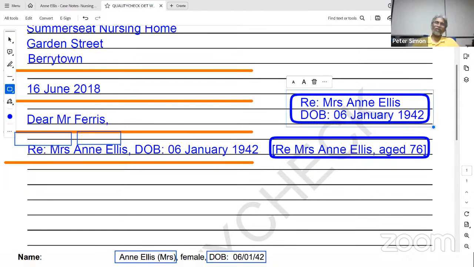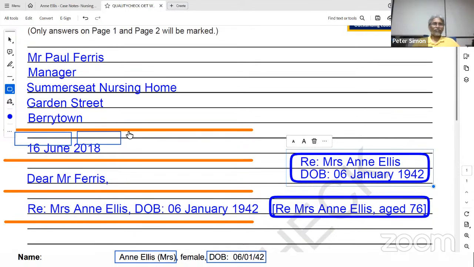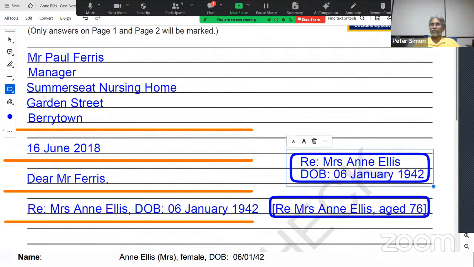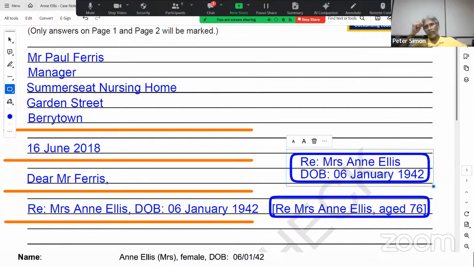These will come in the beginning. These are the four things.